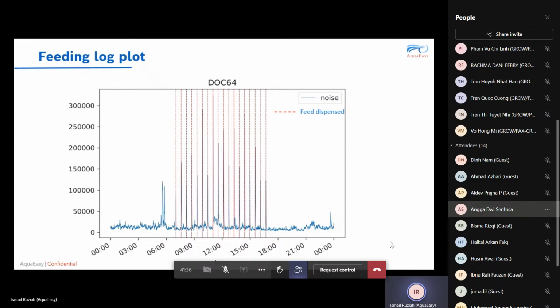So first, I introduce some traditional ways. I think most farmers or technicians use some function. For example, you use MBW, multiply the stocking numbers, multiply the survival rate, multiply the feeding ratio, then get the daily feeding amount. This is the traditional way.